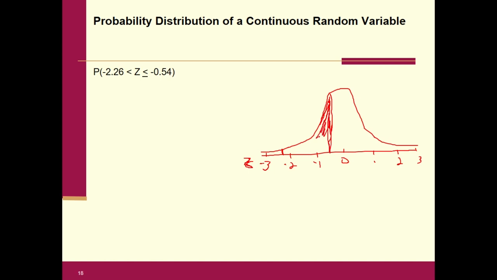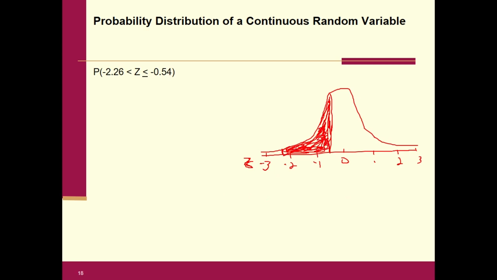Okay. And certainly our answer should be, since both of the values for z are negative, that means our answer's got to be less than 0.5. Because remember, from 0 all the way over to negative infinity is 0.5, and we shaded in a little less than that.